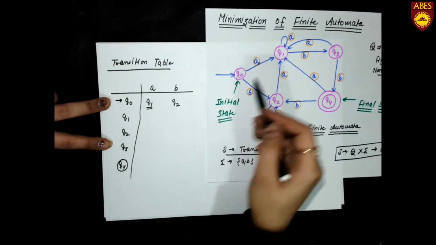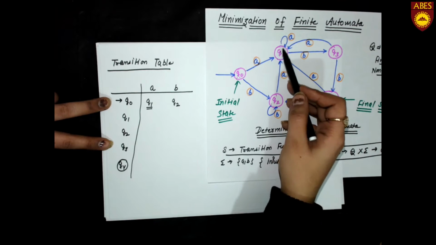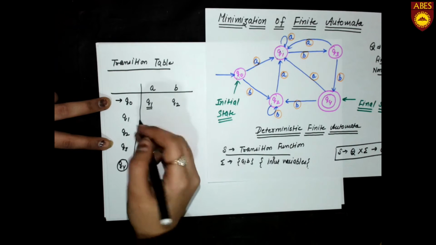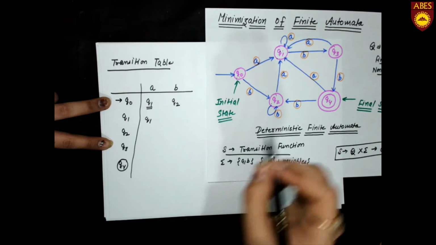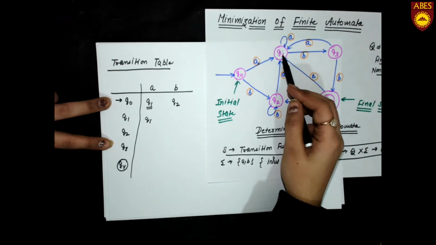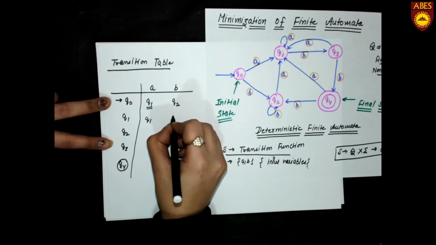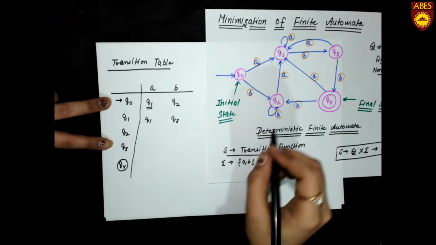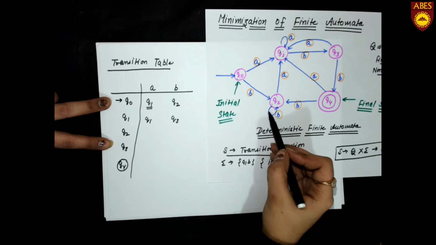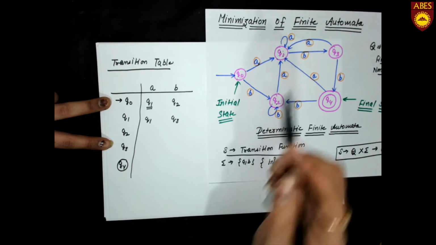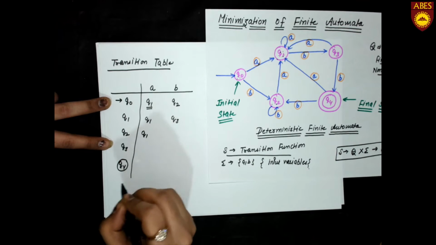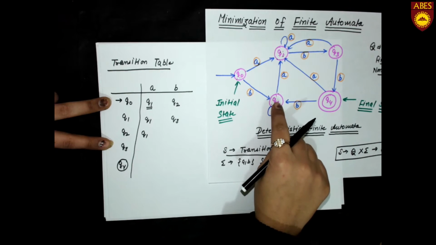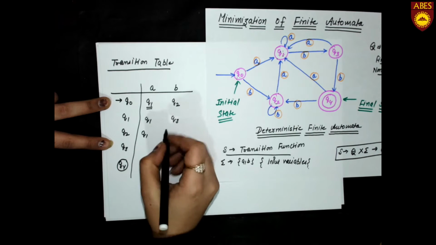The same way, when we apply A to Q1, the output state is Q1. When we apply B to Q1, the output state is Q3. When we apply A to Q2, the output state is Q1. When we apply B to Q2, the output state is Q2.